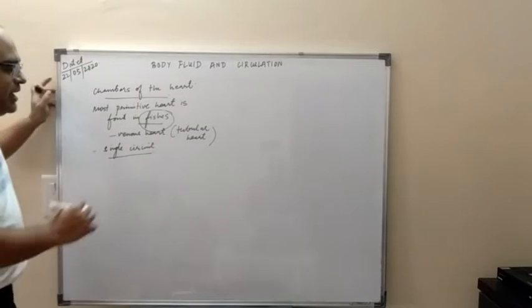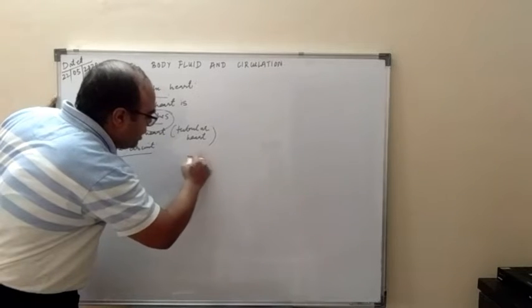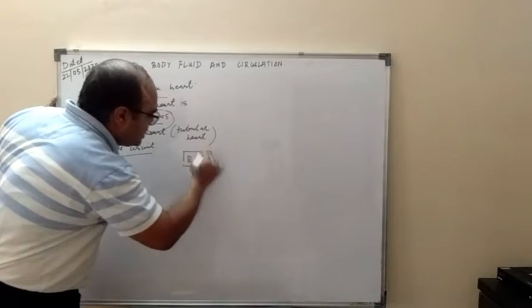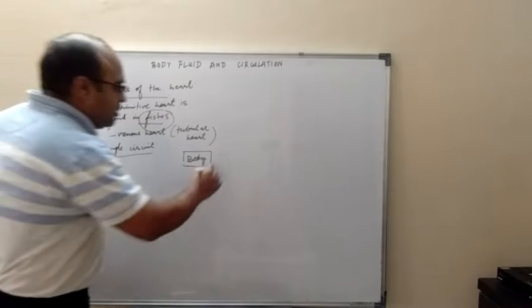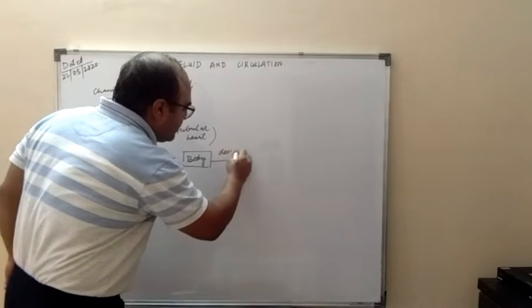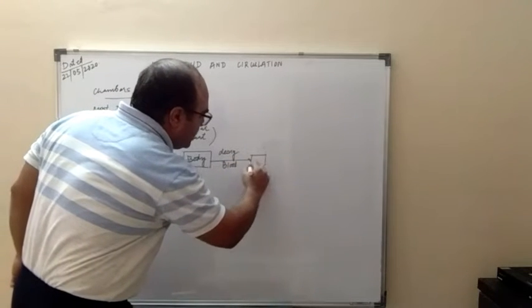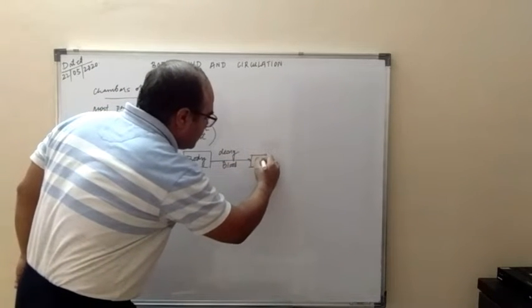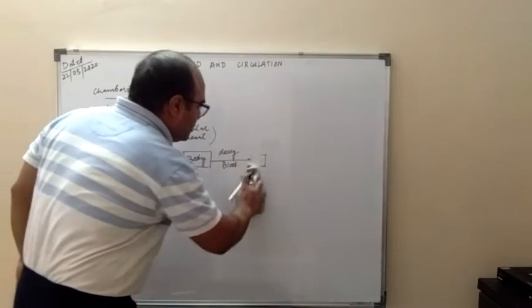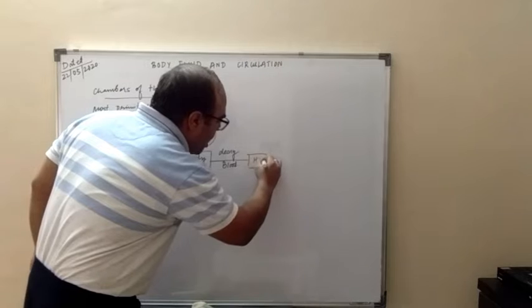circulatory system in which this is the body. The body gives out the deoxygenated blood to the heart.